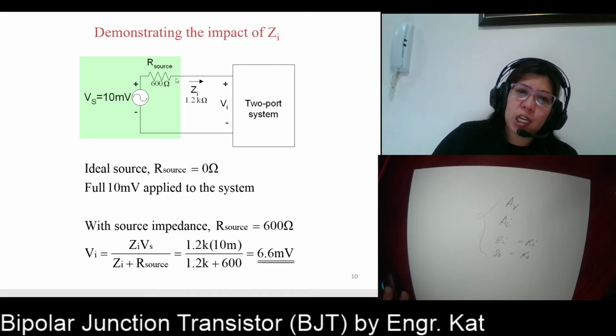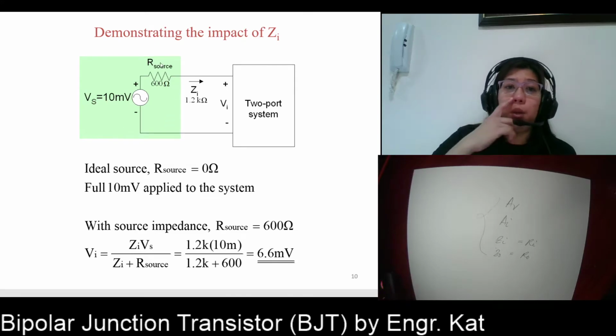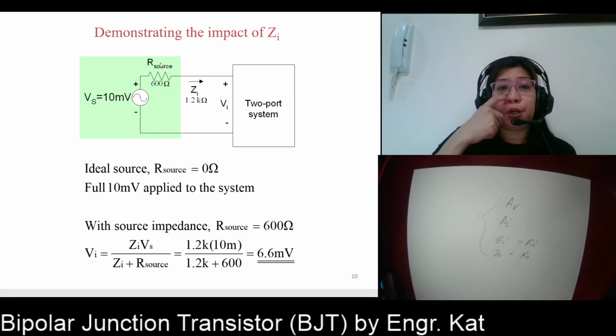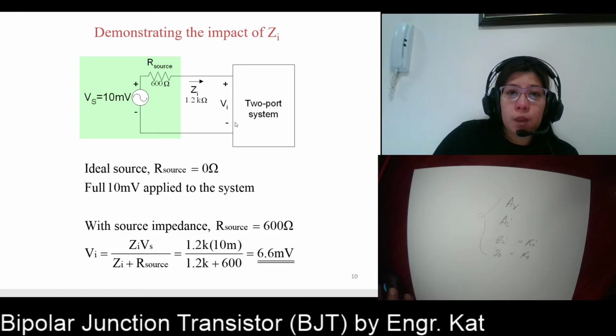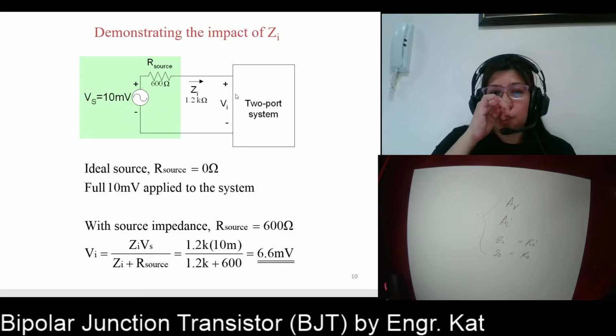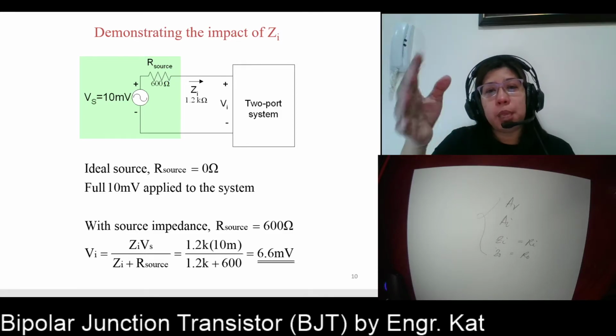Okay, so demonstrating the impact of ZI: ideally speaking, when you have a voltage source with a resistance in series, your source resistance is equal to 0. When your R source or your R sense is equal to 0, all of your 10 millivolts will be seen at your VI, so all of the 10 millivolts will be amplified.